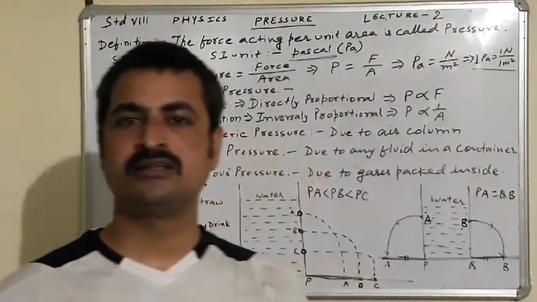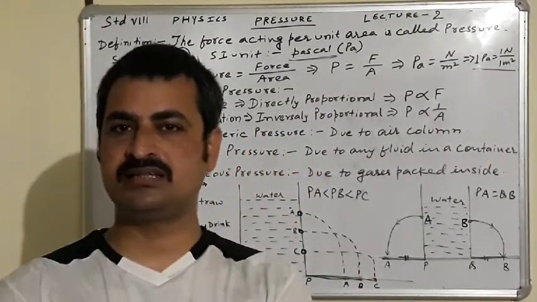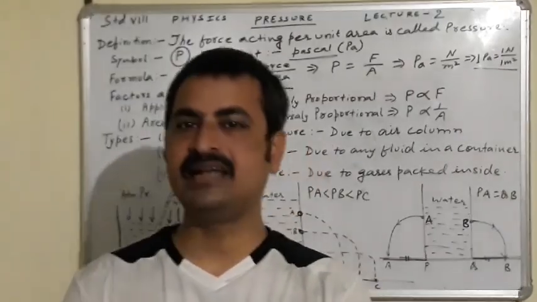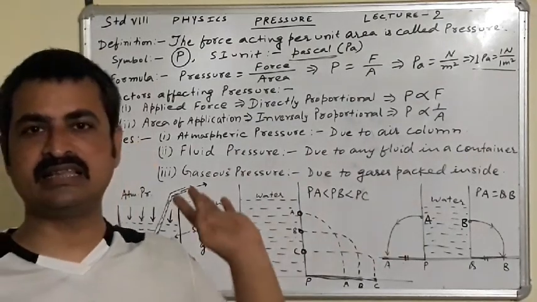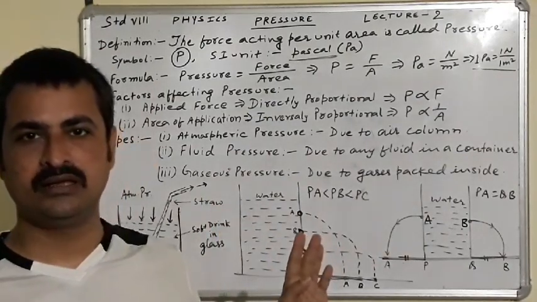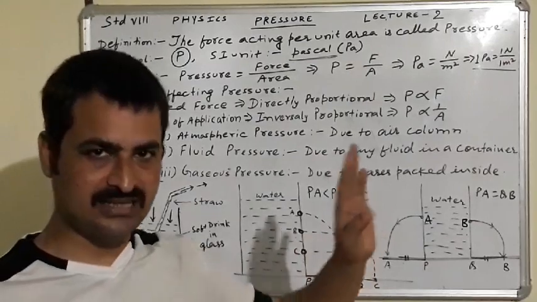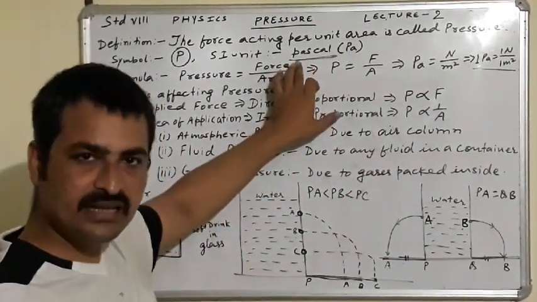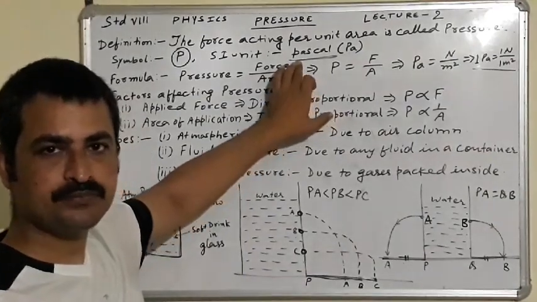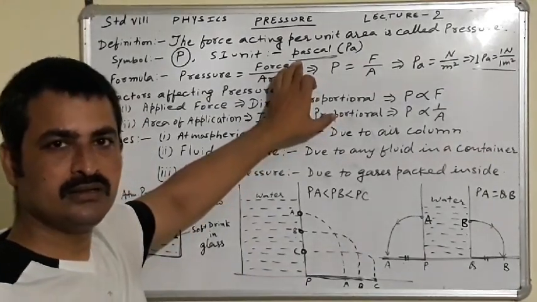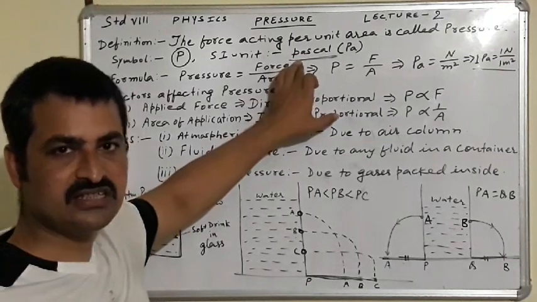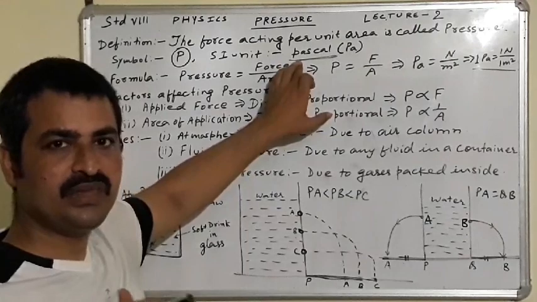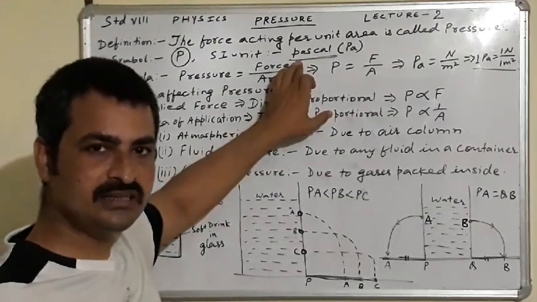Pascal means the name of a scientist if it is written with capital P. So, Pascal as a unit of pressure, we are writing with small p. Pascal means unit if it is starting with small p, and scientist name if it is starting with capital P.